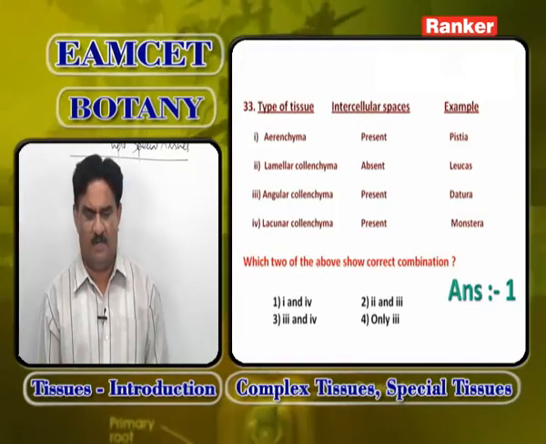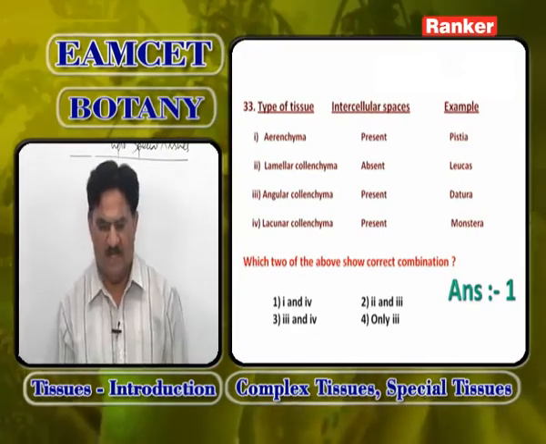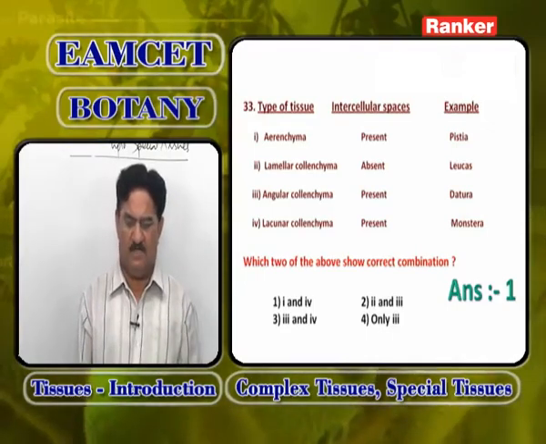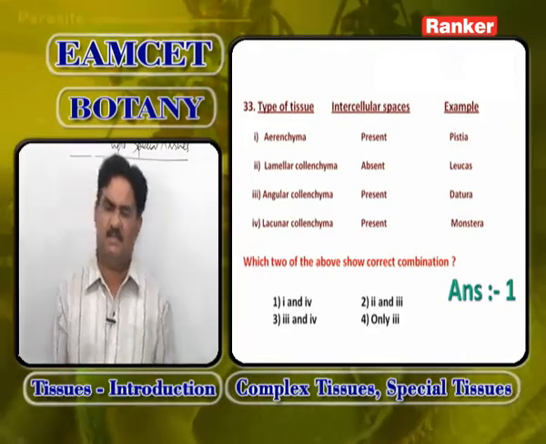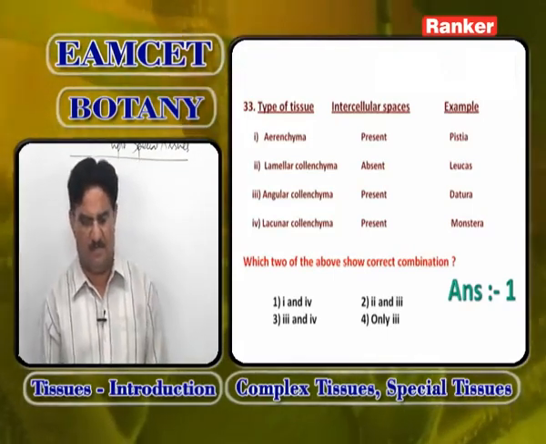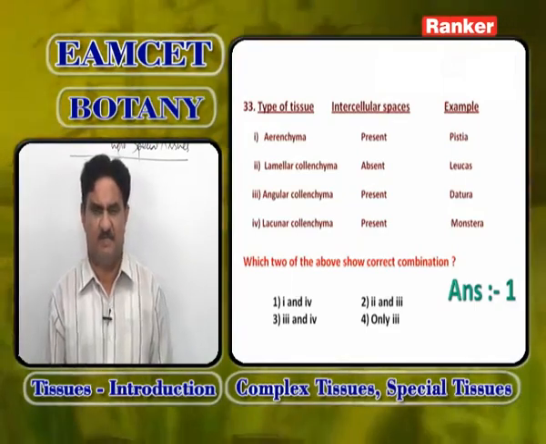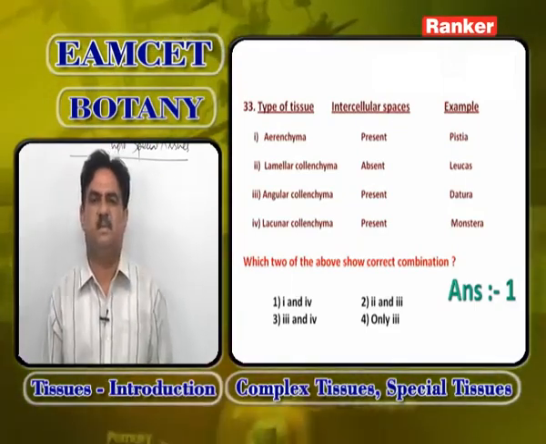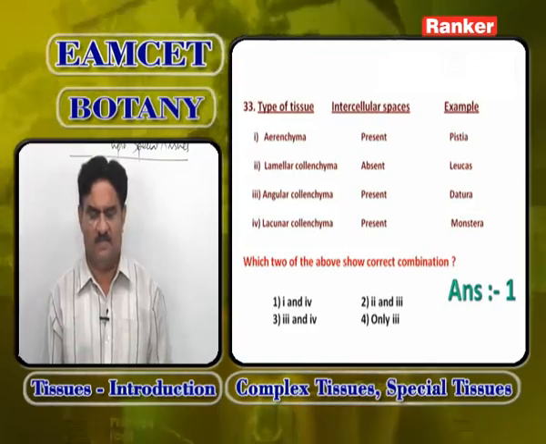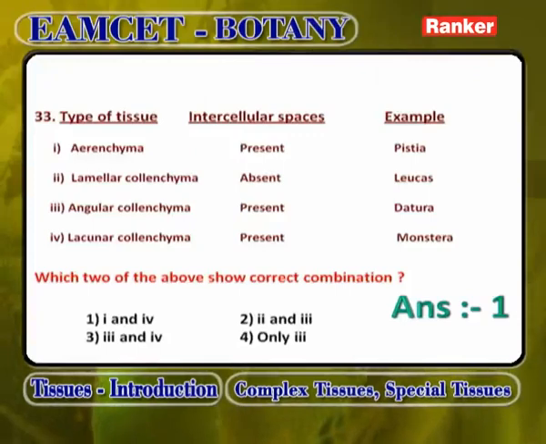Angular collenchyma, intercellular spaces present, Datura: the spaces are totally filled with pectin and cellulose in angular collenchyma, so it is also wrong. Lacunar collenchyma, intercellular spaces present, Monstera is correct, because lacunar collenchyma is found in the aerial roots of Monstera. So 1 and 4 are the correct combinations, 2 and 3 are wrong.